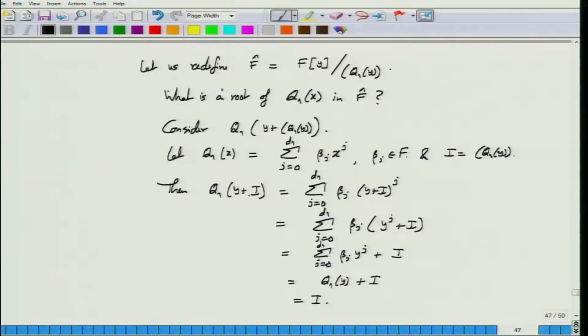So y plus I is a root of polynomial Q1 of x in the field f hat.